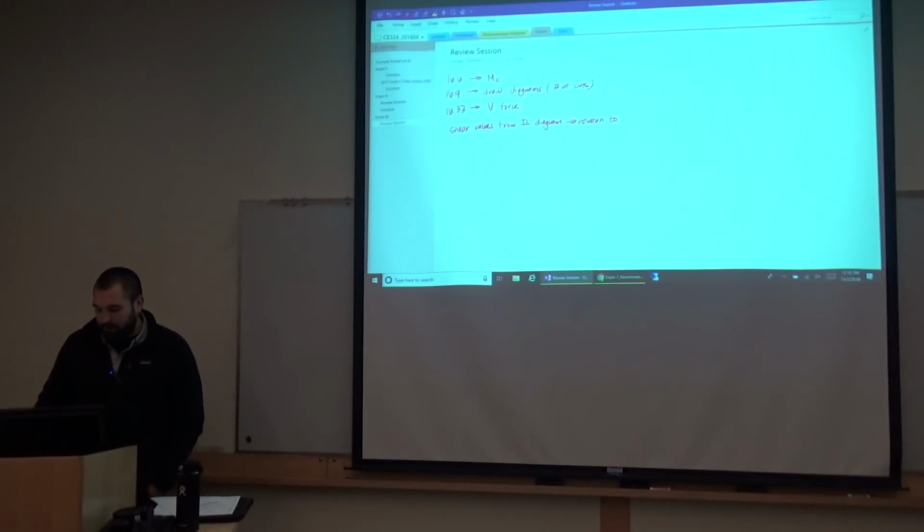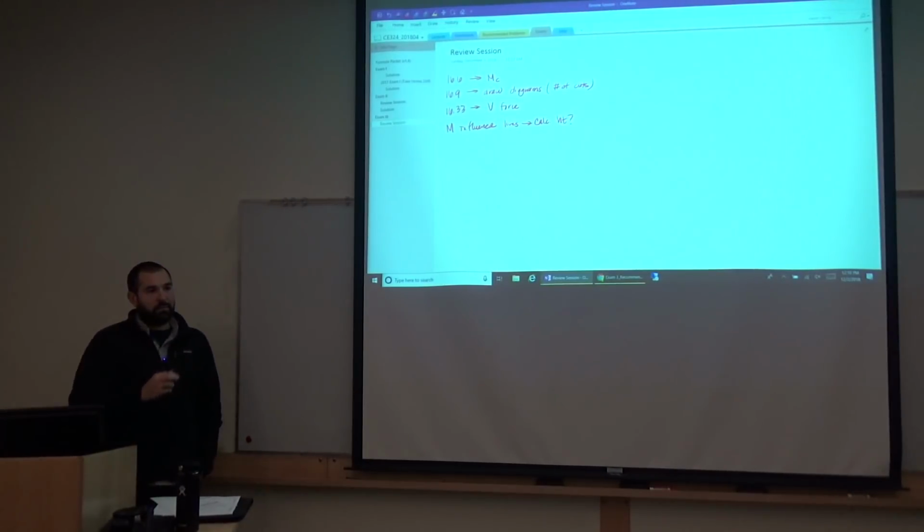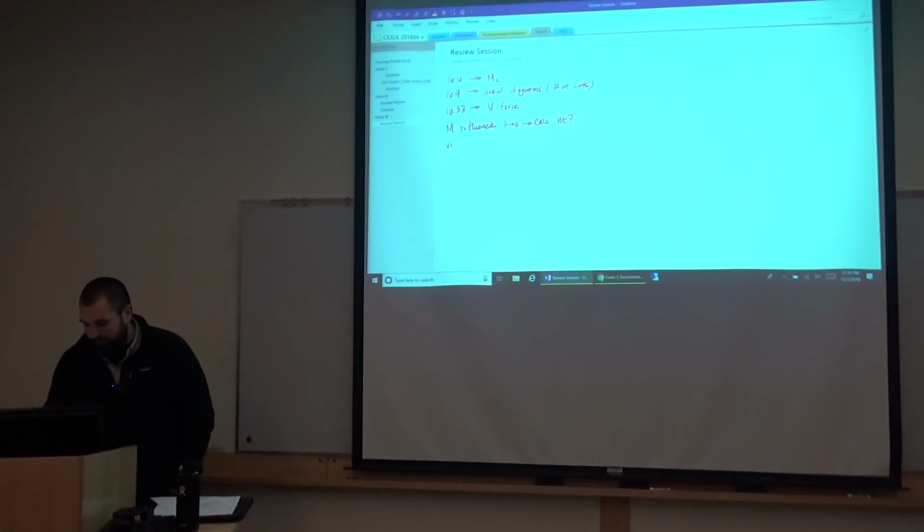I think it's maybe a bit more specific to the moment influence line, so for moment influence lines, how do we calc the height of the value? Yes? That's visual integration. Yep, visual integration. Yep.